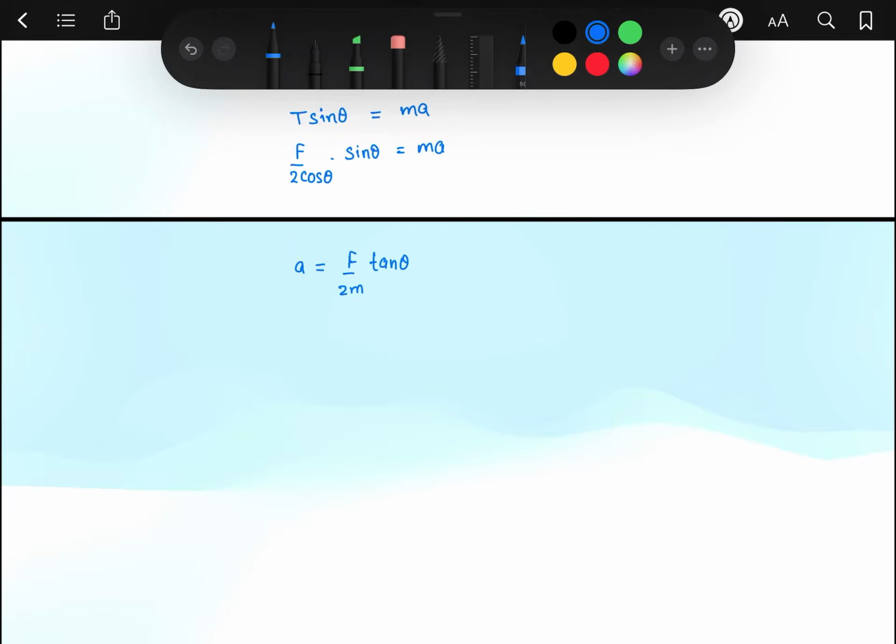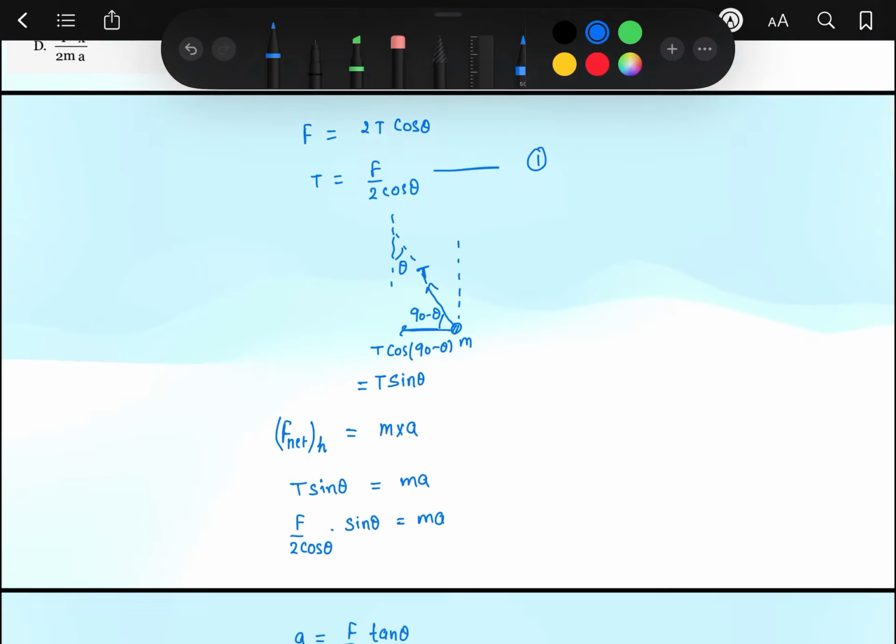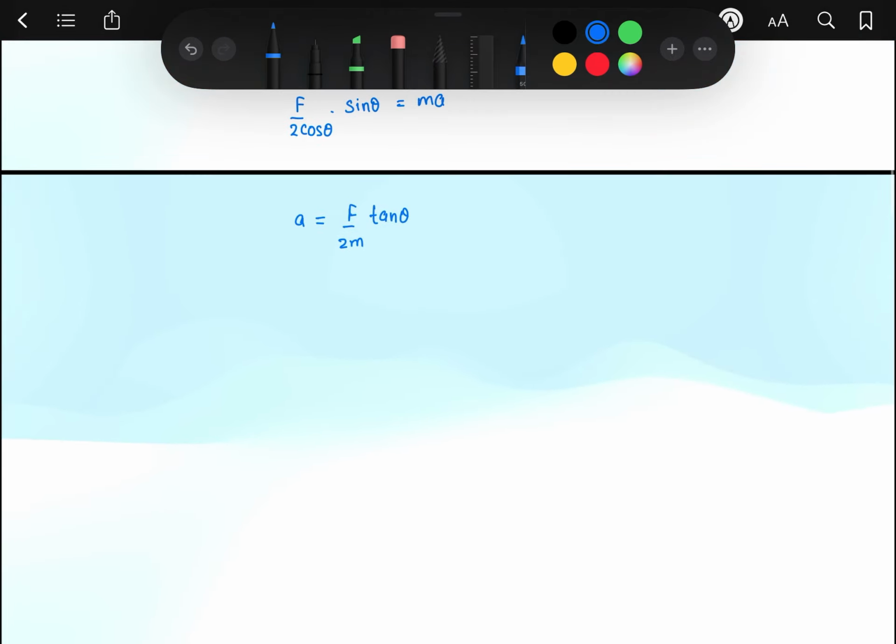Now from this triangle we can easily find the value of tan theta. This triangle is like this, this is the point P and this is the mass m here. This distance is x and this angle is theta, and the length of the string is given as a.